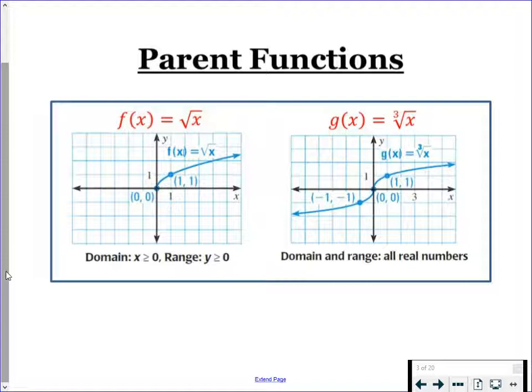So every single time, your domain and range is all real numbers. It's important to have the actual points because that's what we're going to use to do the transformations.